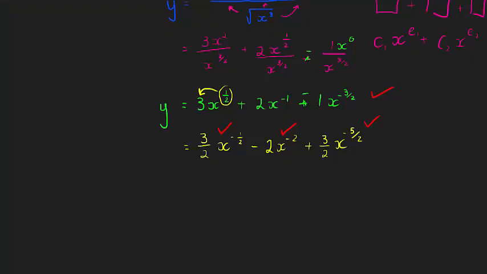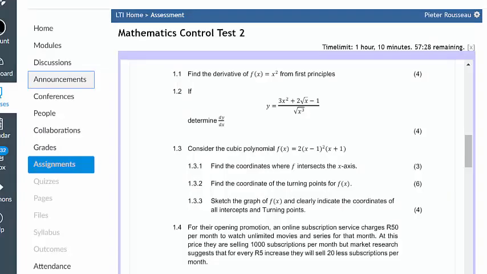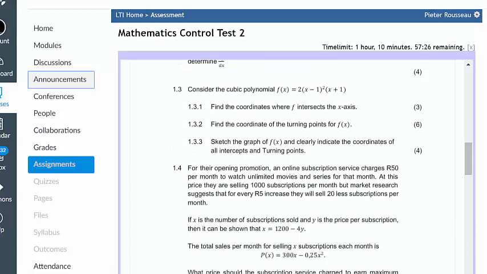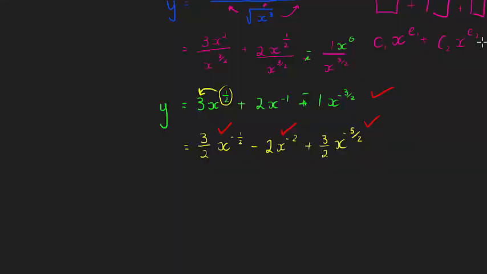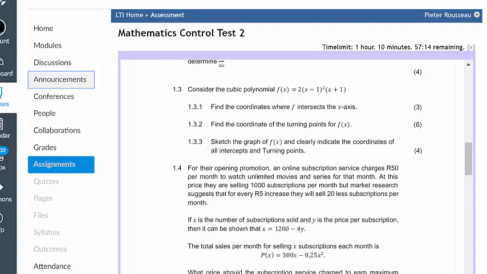Okay. The next question then says, consider the cubic polynomial. There's the cubic polynomial. And then they ask you to find the coordinates where f intersects the x-axis. Okay, and I want you to notice they ask you to find the coordinates. Coordinates means it's an x and a y value where f intersects the x-axis.